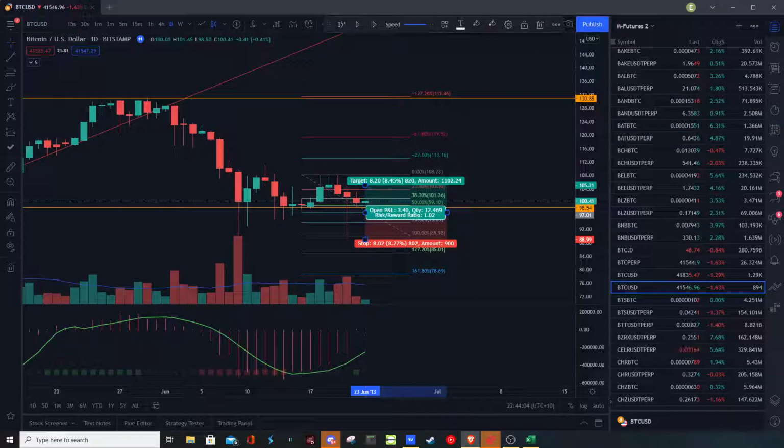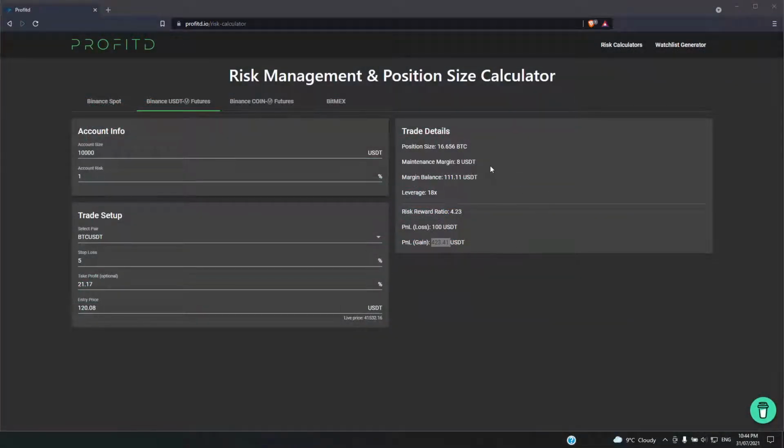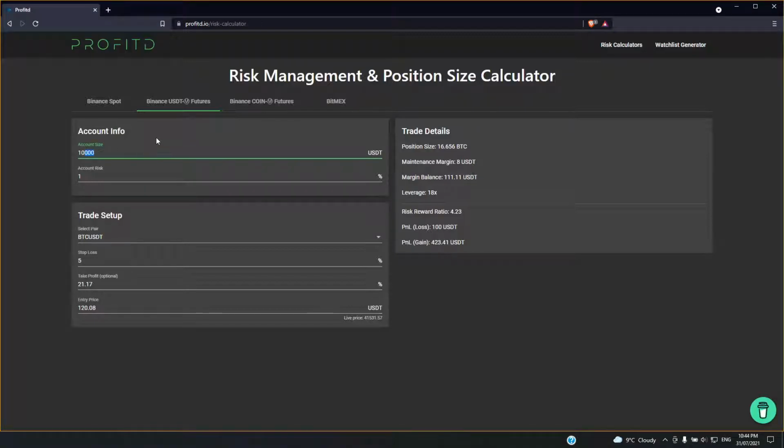What I have to do is just transition this over. So we've got 10,000, 423.41. So our account risk is 1%, and our stop loss is 8.02%. That's just to have that wick covered. All right. So it can still work.